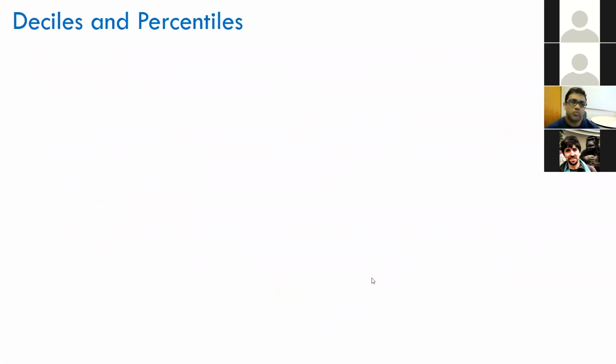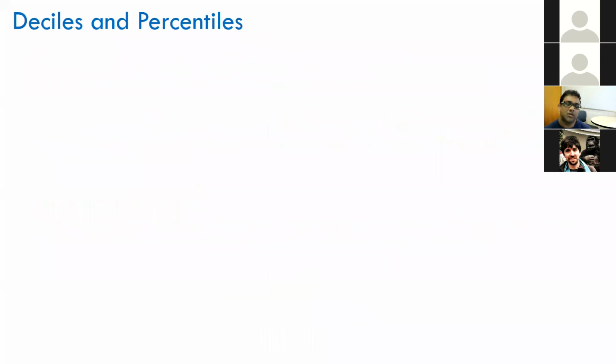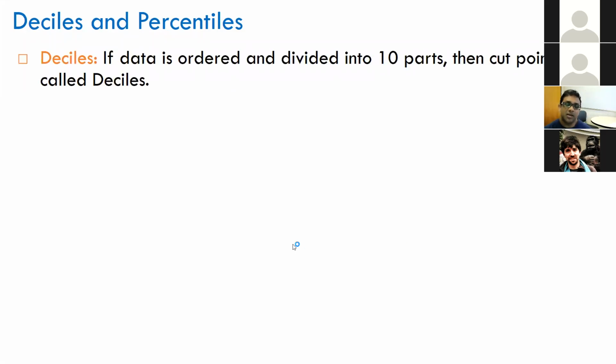And there are two others, not main ones, but used in some fields. Those are called deciles and percentiles. Most pharmaceutical or biomedical studies use percentiles instead of quartiles, but other sciences like agriculture or ecology use quartiles.